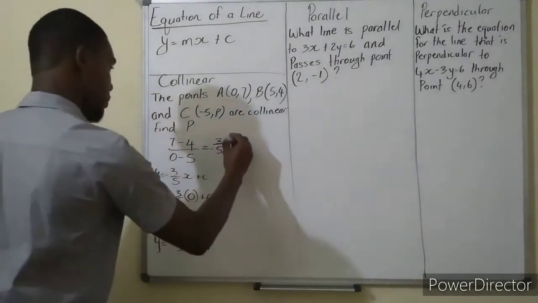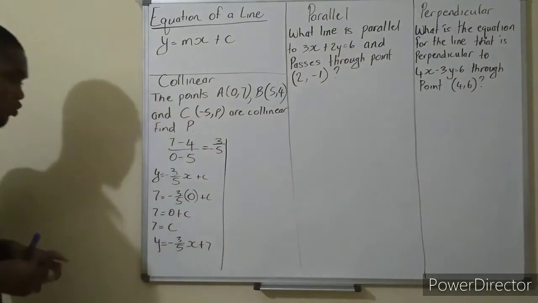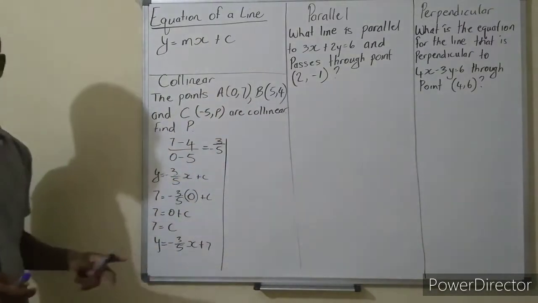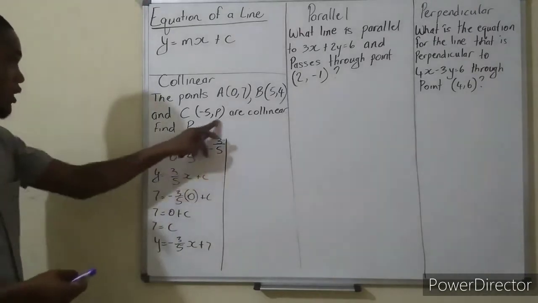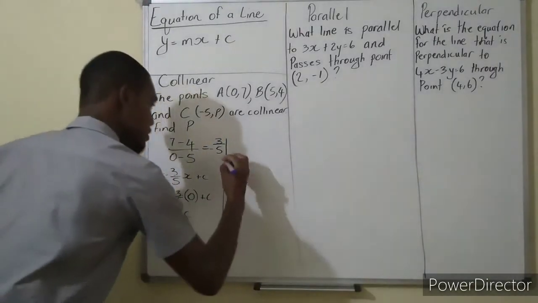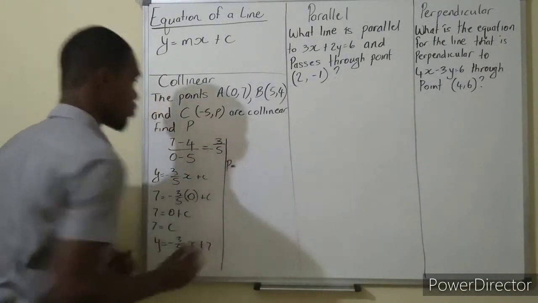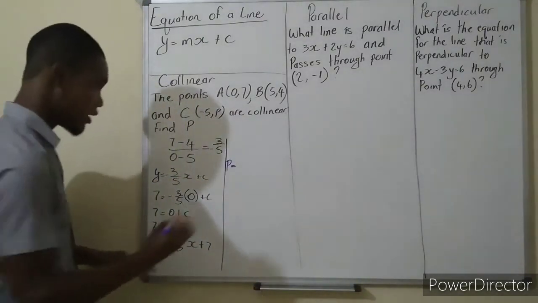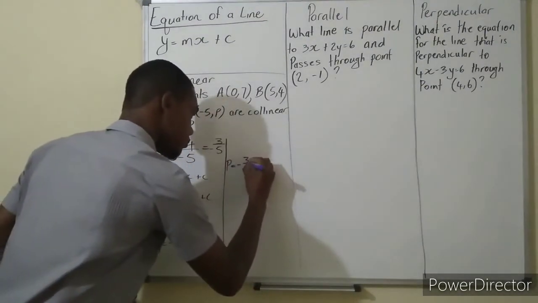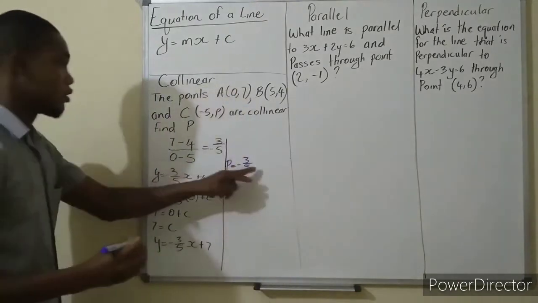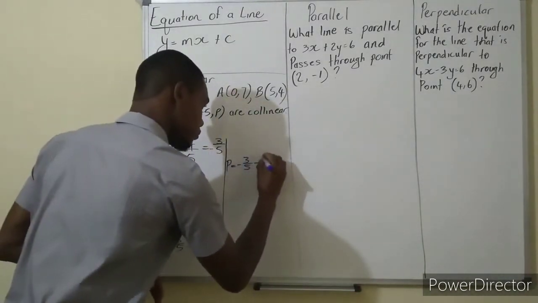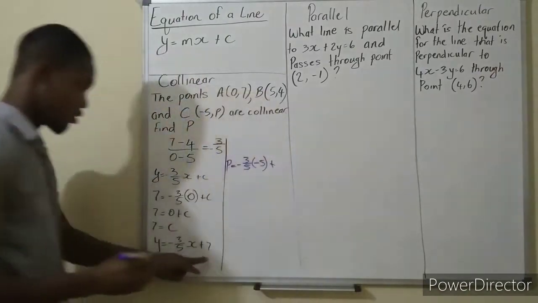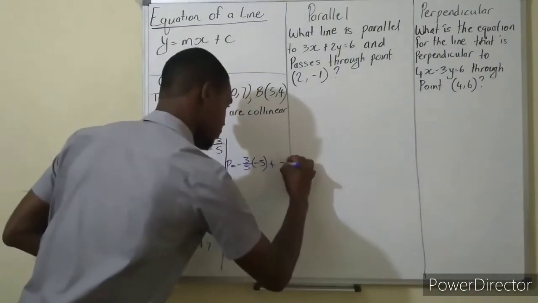So when you get to this part, all you need to do is put in your values for the one that you are trying to find. So now p is your y, so you can say p is equal to your gradient, negative 3 over 5, times your x, negative 5, plus your c, which was 7.